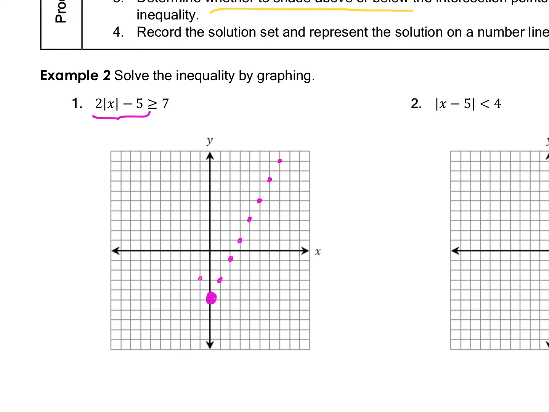Up 2, left 1, it's a V. Okay, and then the right side, y equals 7, so we're going to cross the y at 7. 1, 2, 3, 4, 5, 6, 7.